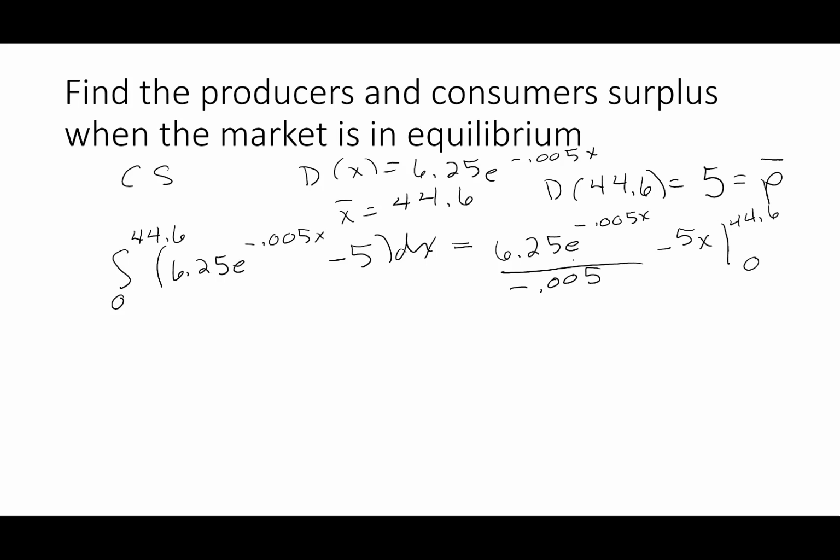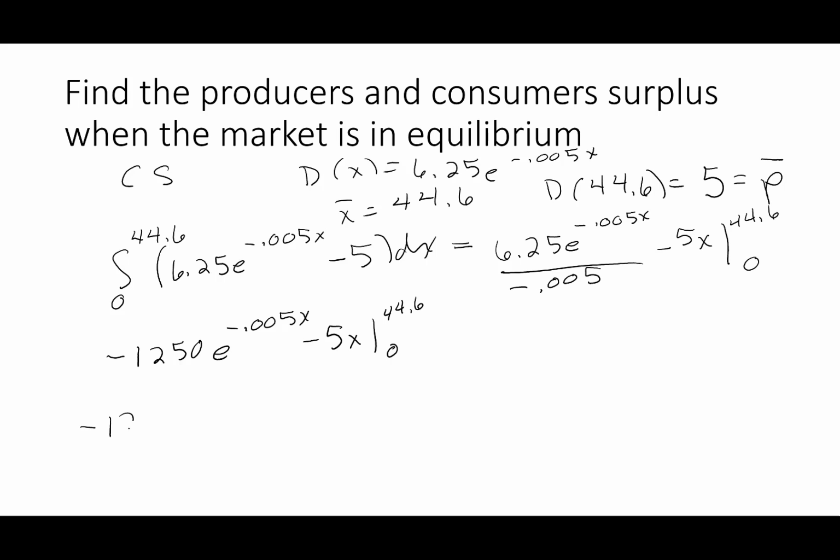If you want to simplify first, 6.25 divided by negative 0.005 comes out to negative 1,250. That's e to the negative 0.005x minus 5x, with 44.6 and 0 as my bounds. This is optional, but it might help with putting numbers in the calculator if you have less to put in.